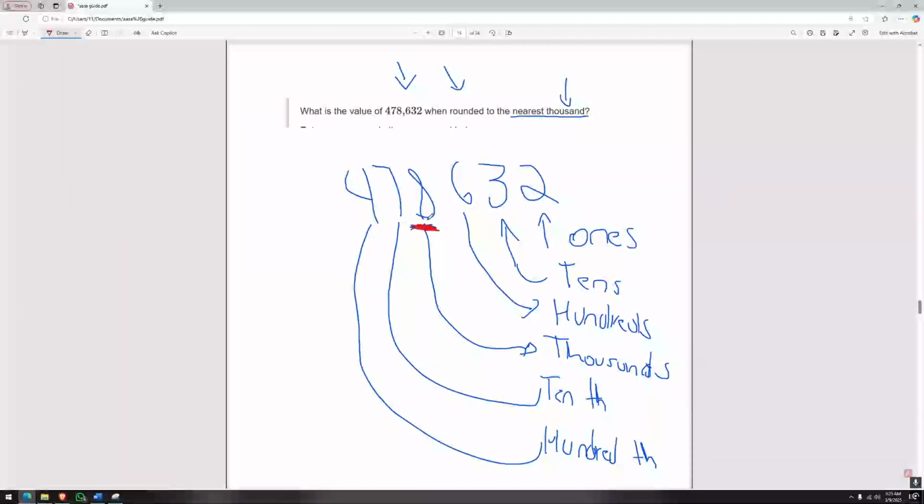A ver, to modify the 8, you have to check this one, de la derecha. 0 through 4 is going down, and 5 through 9 going up. O sea, del 0 al 4 va para abajo y del 5 al 9 va para arriba.